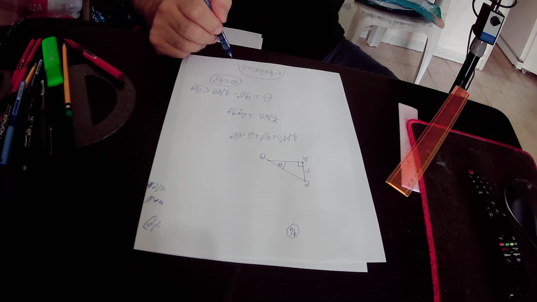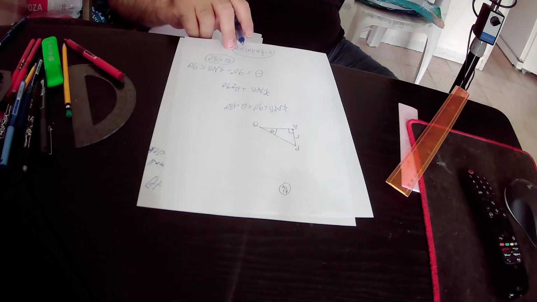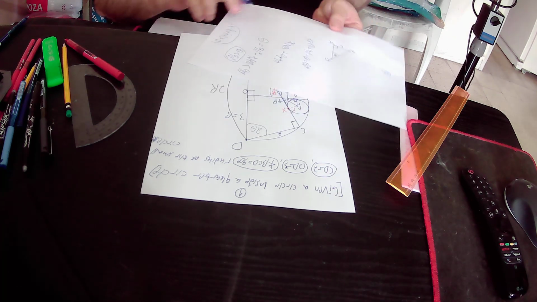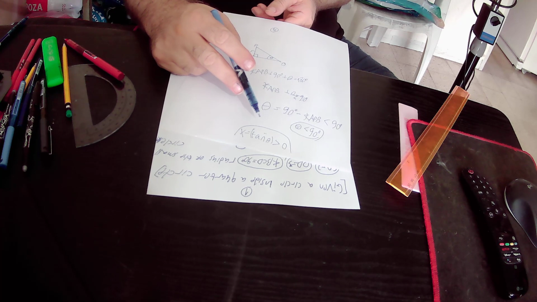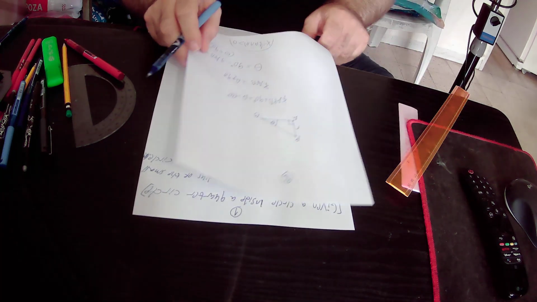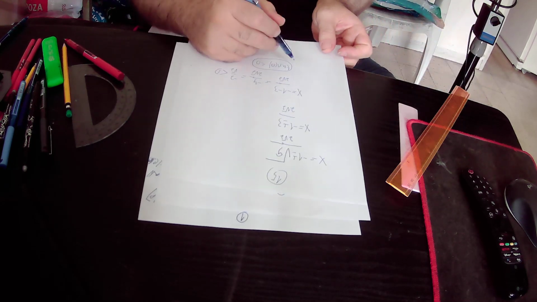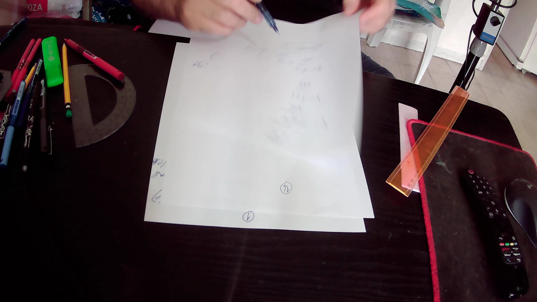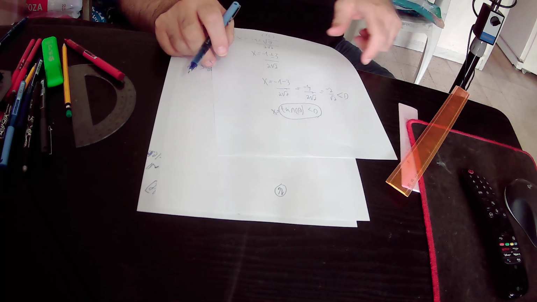Okay, so here we found out that x, that is tangent theta, is a positive number, while according to our solution, x that equals tangent theta is negative.